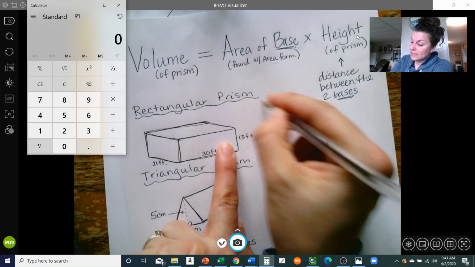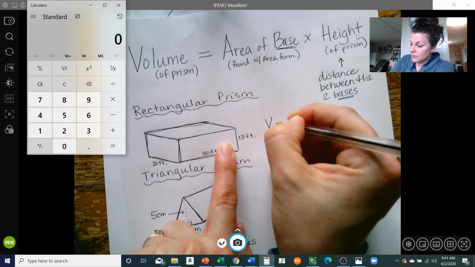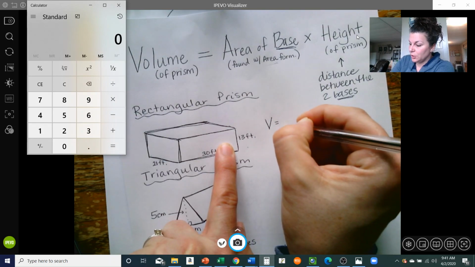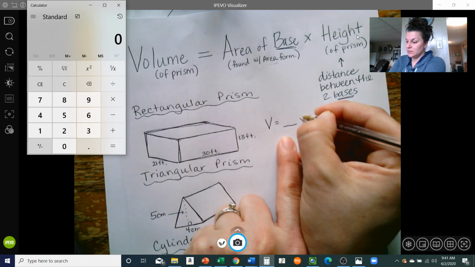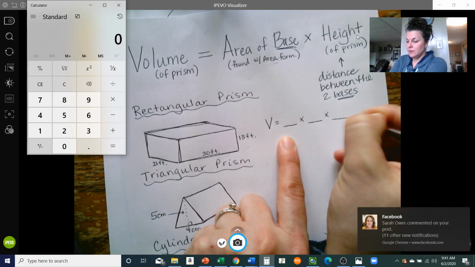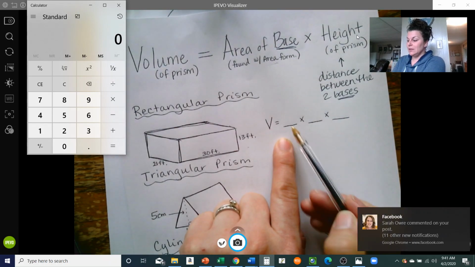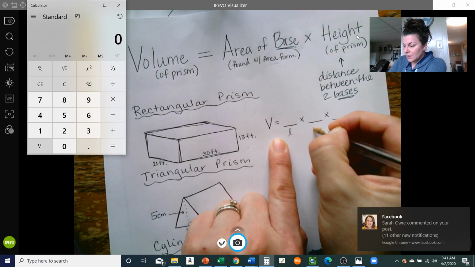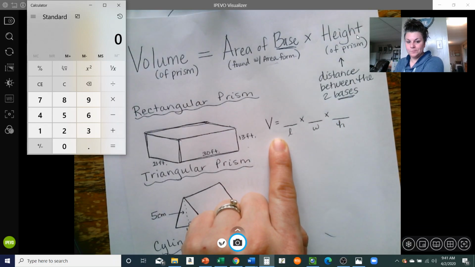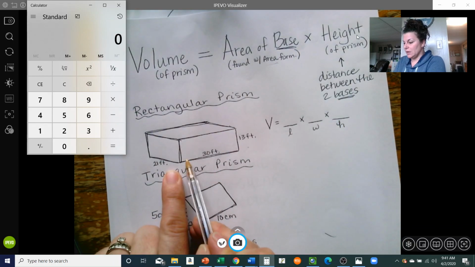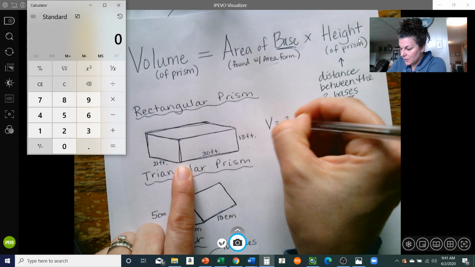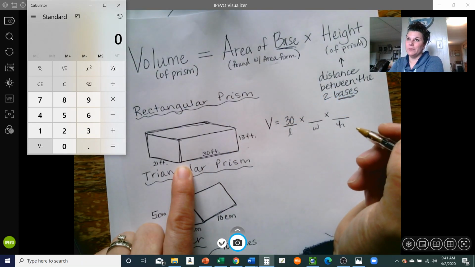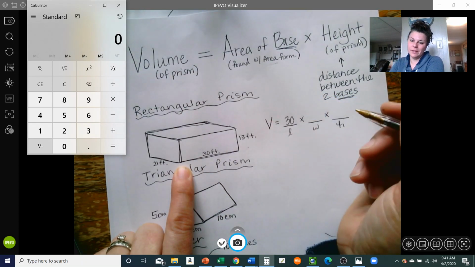So a rectangular prism is pretty easy because, on your paper, I even wrote this out so you have spots to fill in. You can write these things in. The length times the width times the height. My length is 30 feet. It doesn't matter what you call the length or the width.